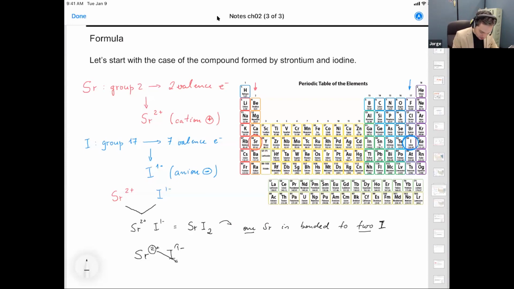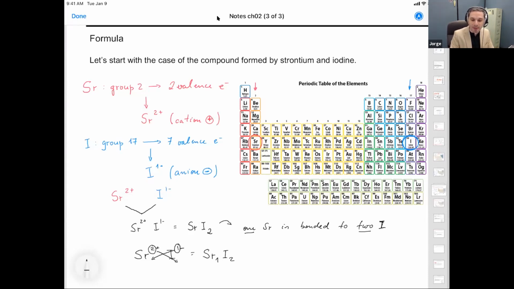And you are going to do the same thing with the charge for the anion, the negative element. Just move the number, okay? So this number 1 is going to be moved right next to the strontium. What you will get is strontium 1, iodine 2.